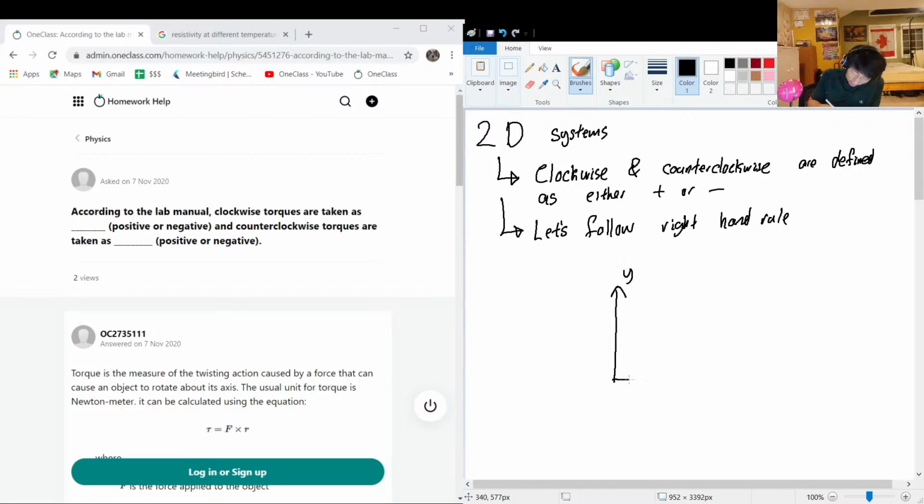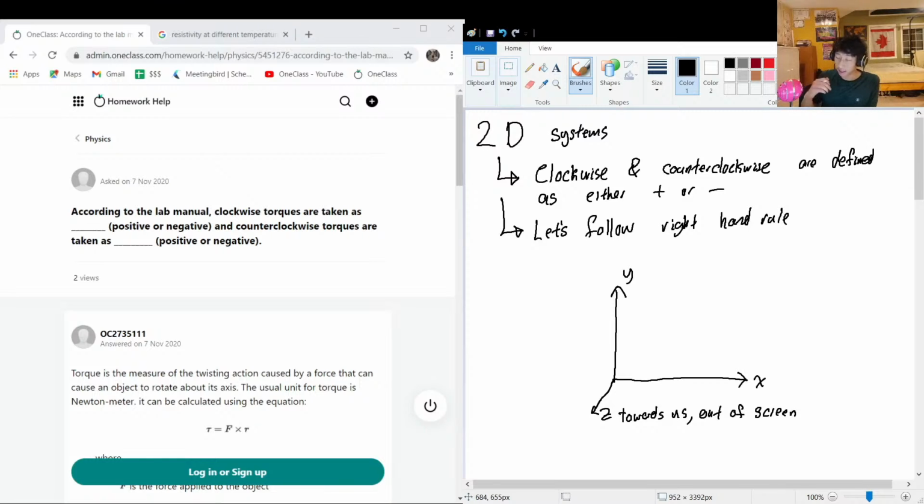Here would be our Y in the vertical, and here we'd have our X. If we take our right hand rule, we put our index finger towards X, our palm towards Y, we would see that Z is the same direction that our thumb is pointing, which is out of the screen towards our face. So maybe I'll draw that here, Z towards us, out of screen.